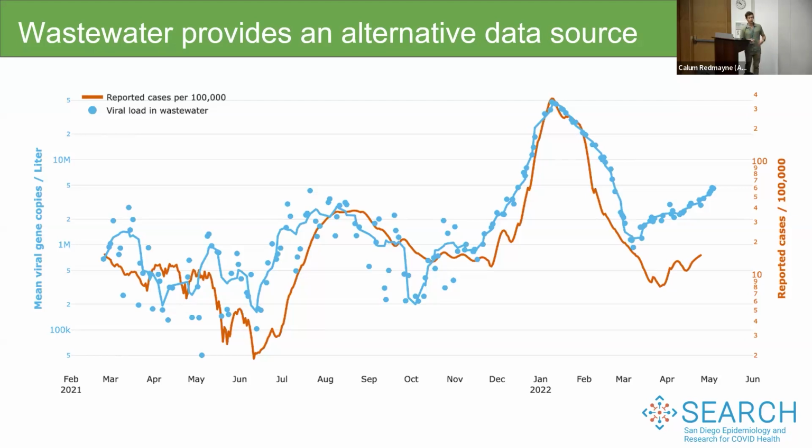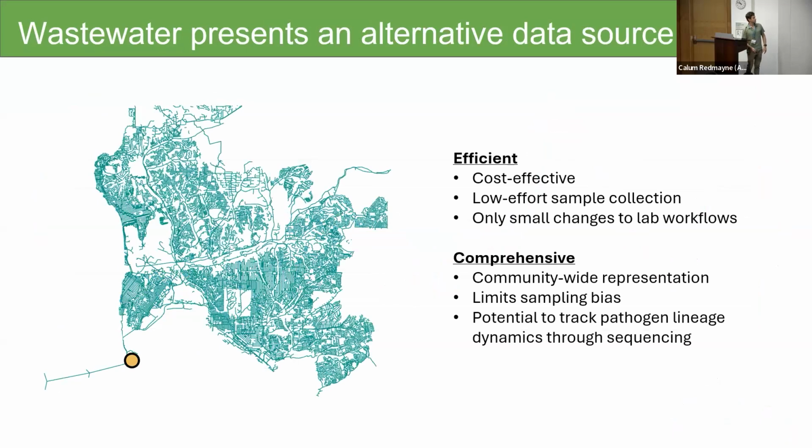And this is what it looks like when you're just measuring the concentration of virus in the wastewater. But what we wanted to do, and where things started for us, was to get into how do we actually meaningfully interpret sequencing of wastewater. So in order to do that, we first had to justify it. And we noticed that wastewater as a surveillance modality was incredibly cost efficient and incredibly capable of surveilling a large number of people, without any particular sampling bias.